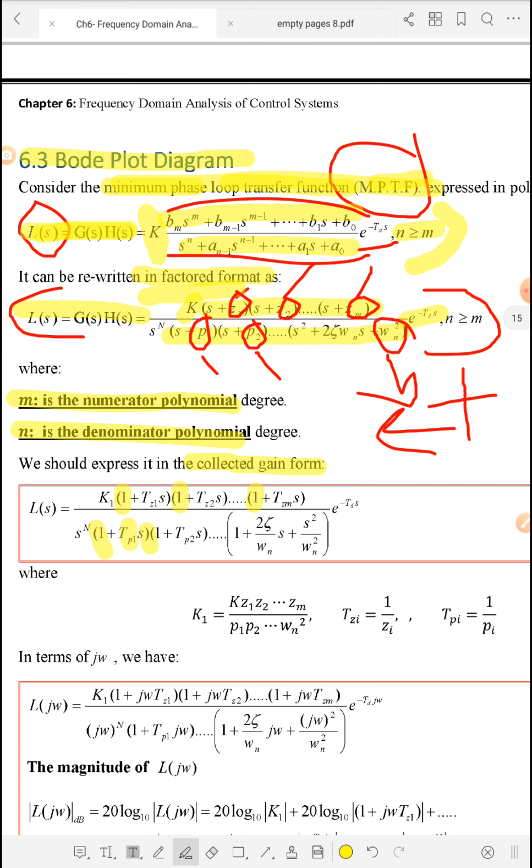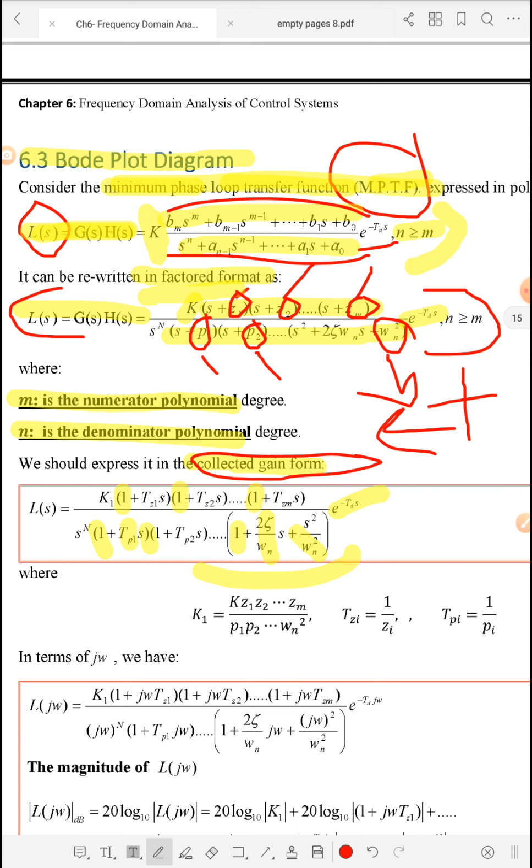For the quadratic term, it will be 1 plus something s plus something s squared, and the delay is the same. So why do we use this collected gain format? Collected gain format will make it easier to calculate the steady state gain. If you remember Kv, Kp, Ka in the chapter on steady state, we take the limit as s approaches 0.